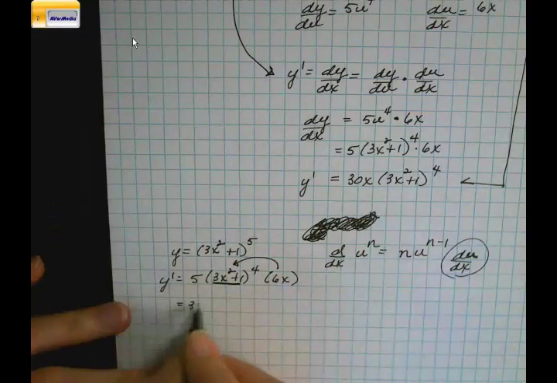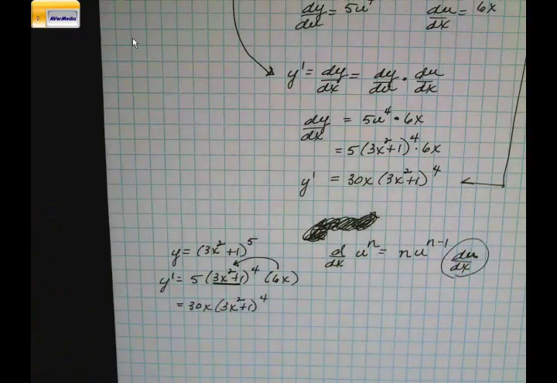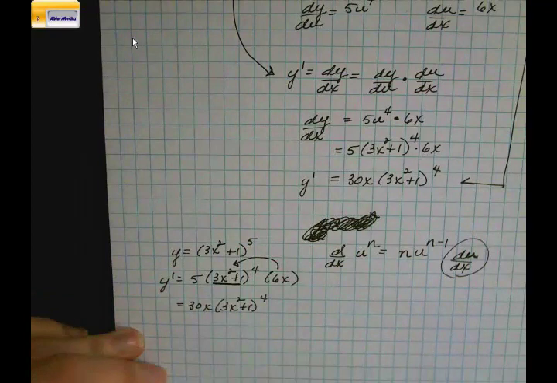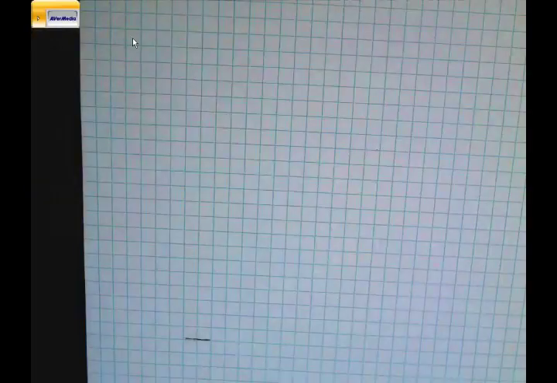And then that turns out to be the answer. Okay. So pull the power to the front, decrease the power by 1, and then take the derivative of that polynomial, which is usually a binomial, in the parentheses. That's your shortcut. Now let's just do some examples. It just takes a minute to kind of get the flow of it.